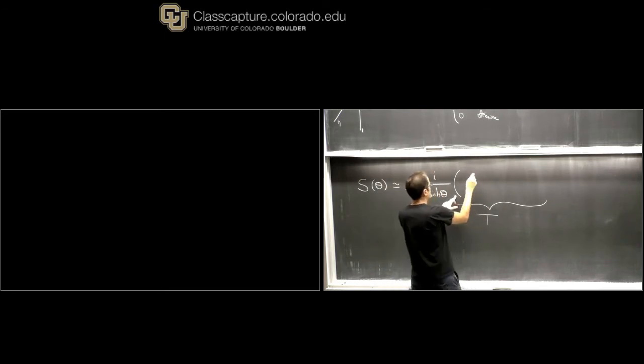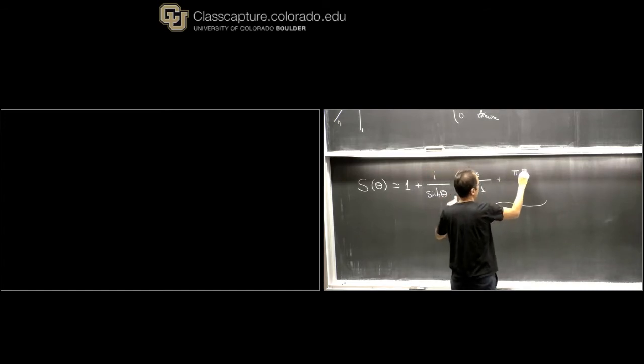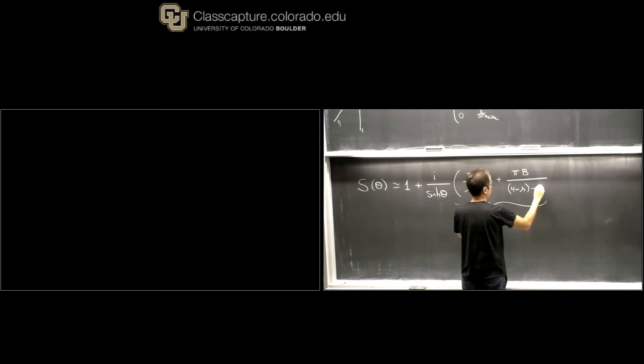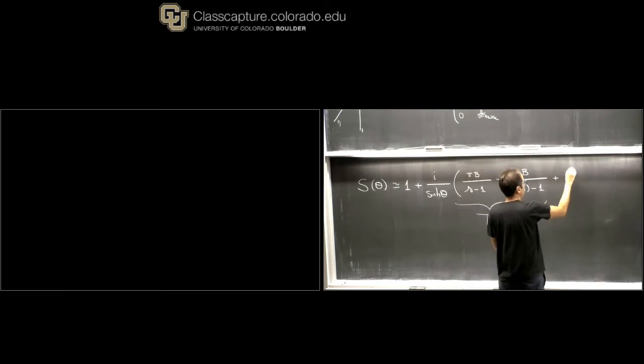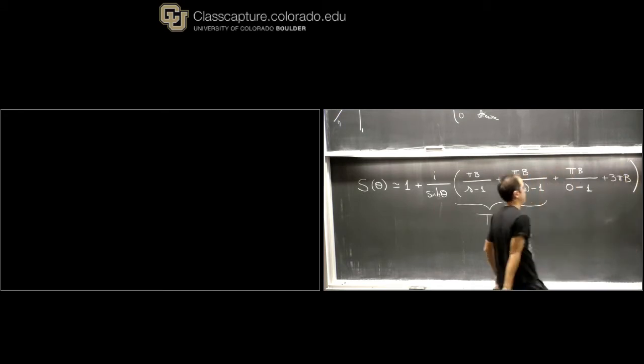And what we get here is the following: pi b over s minus 1, plus pi b over 4 minus s minus 1, plus a constant that I'm going to write in this funny way, where b is small.